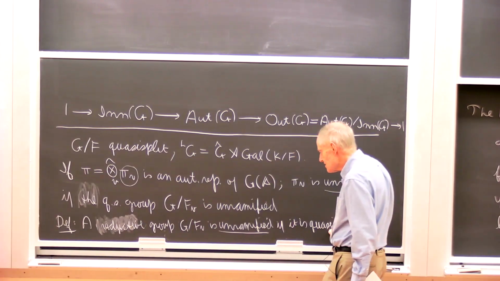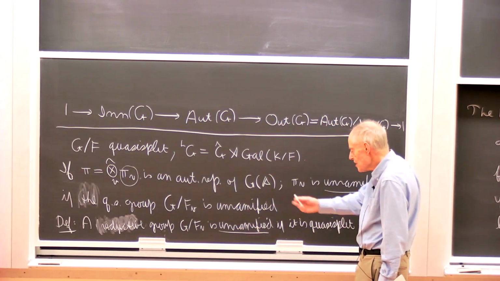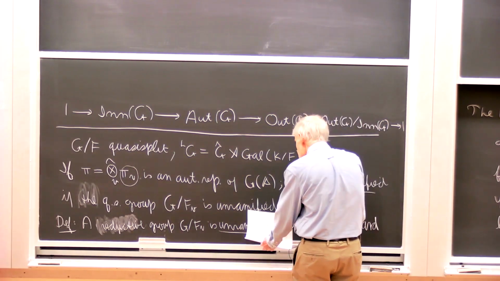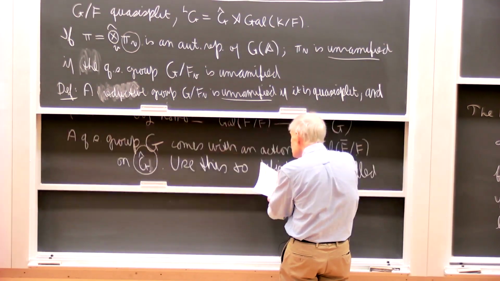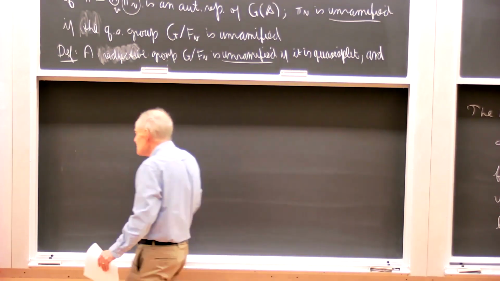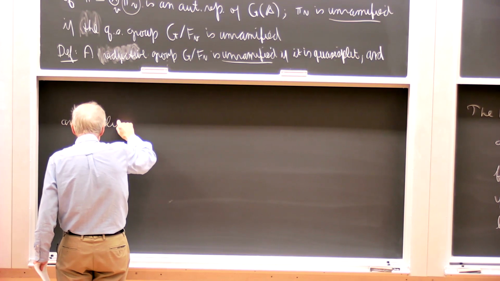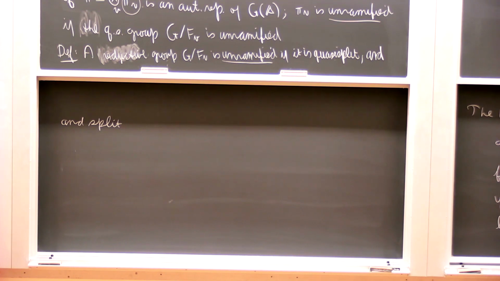Quasi-split is automatic for each of these local constituents, but also it's split. That is to say, we're talking about what you have to take for the Galois extension over which the group becomes split.